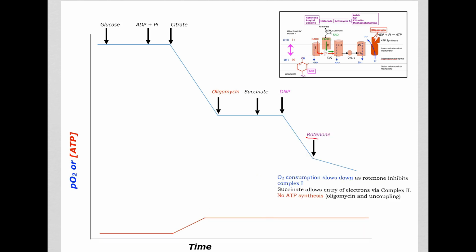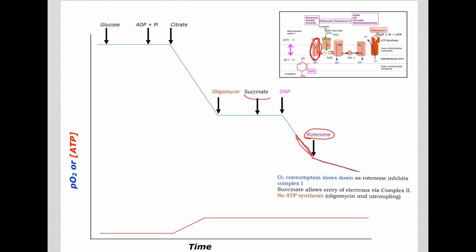If we now add rotenone, which is the inhibitor for complex 1, we see that the rate of oxygen consumption slows down a little bit compared to previously. That's because complex 1 is inhibited.